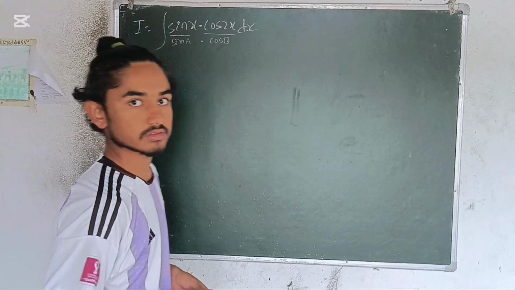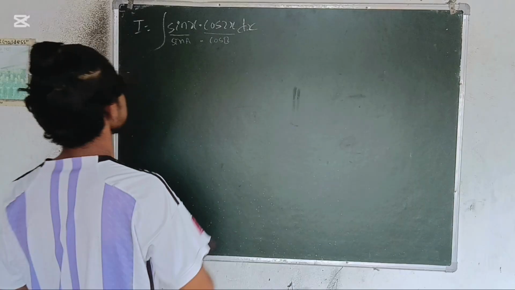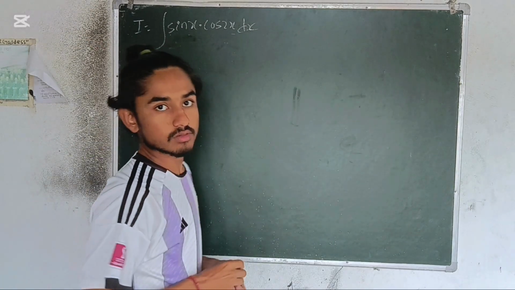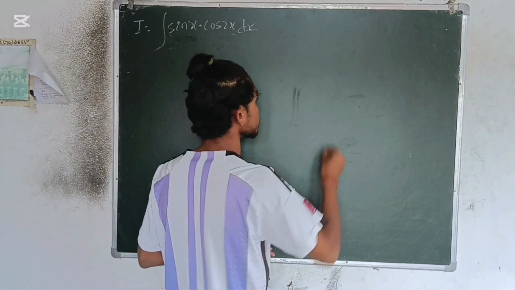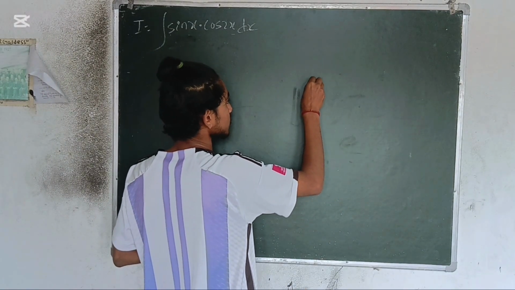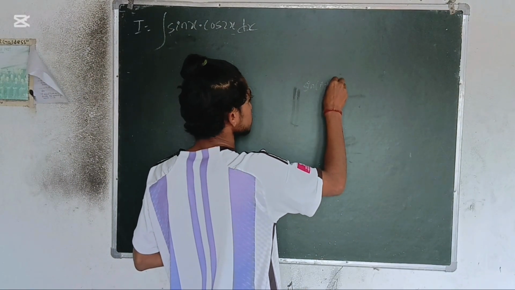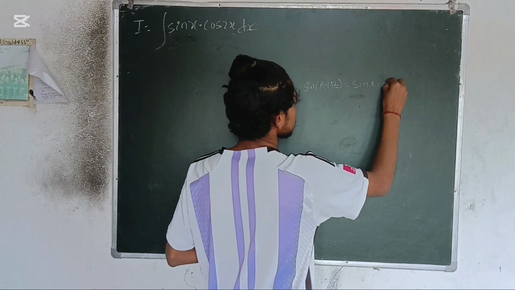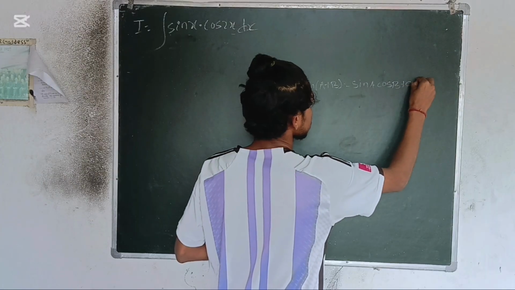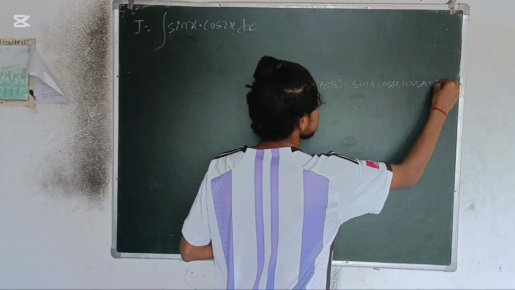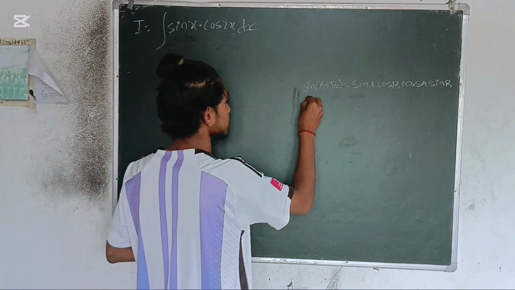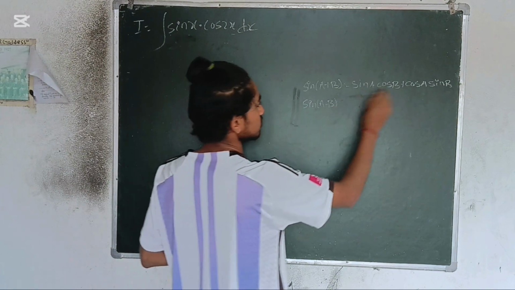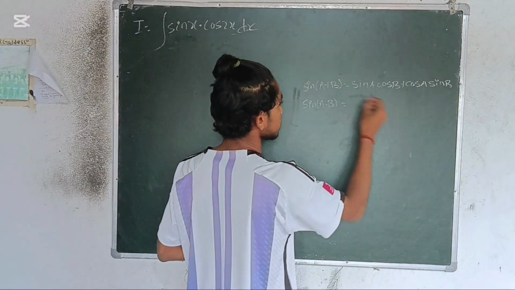This looks very familiar to us, and before solving the whole equation we have to manipulate some terms. Our formula: sine of a plus b can be written as sine a cosine of b plus cosine of a sine of b, and another form is sine a minus b, which is the same, just with a minus sign instead of the plus sign.